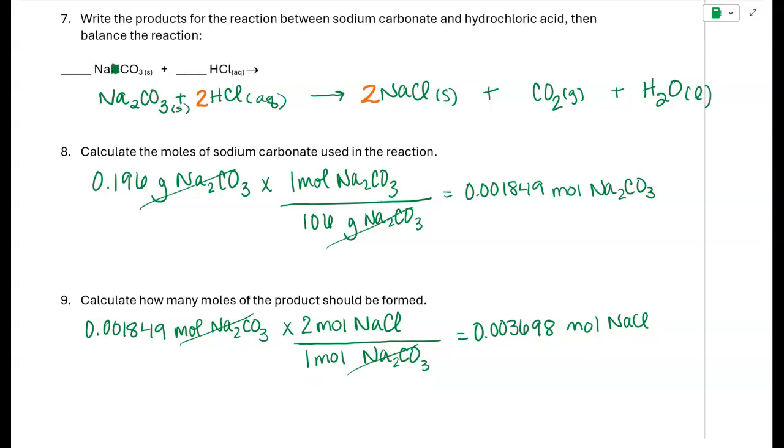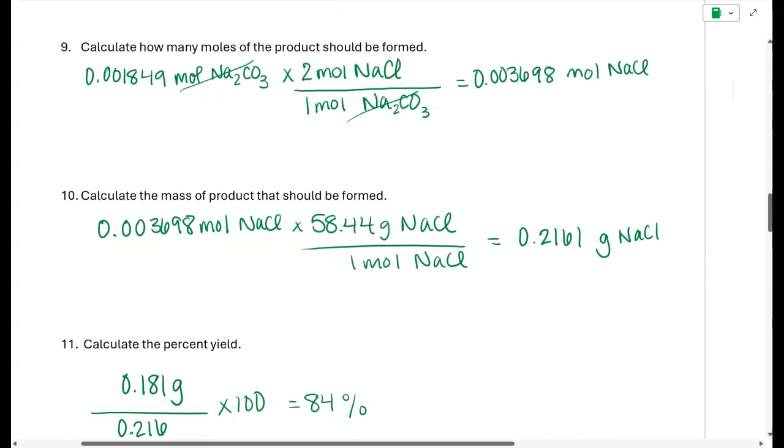Once you've done this step here, you do not need to worry about the fact that there's a 2 here. We have taken into account that you get 2 moles of sodium chloride for every 1 mole of sodium carbonate by this step. And so you're not going to multiply anything else by 2 or divide anything else by 2. Once you know how many moles of sodium chloride you expect to get, you just keep this number and then continue the calculations as we did before.